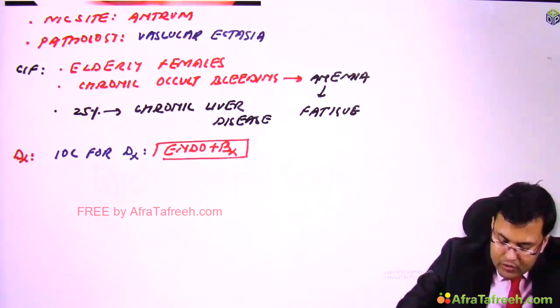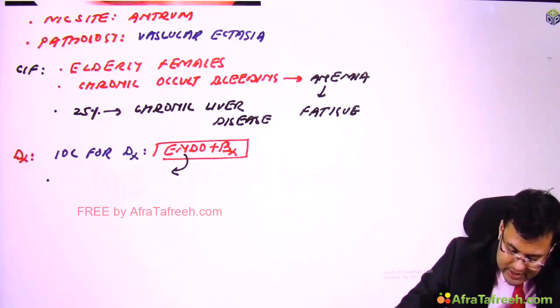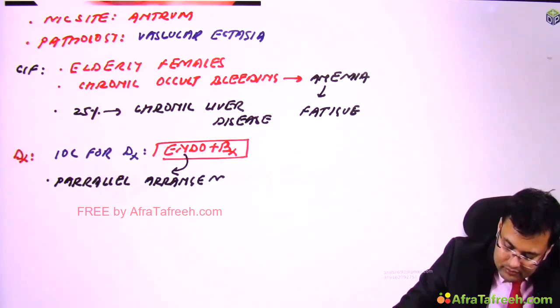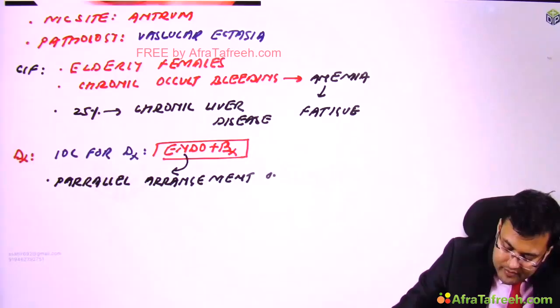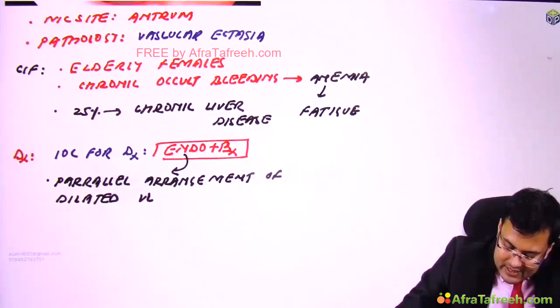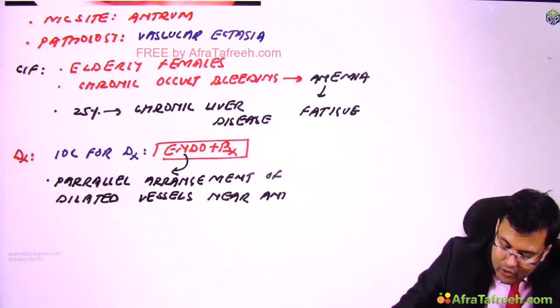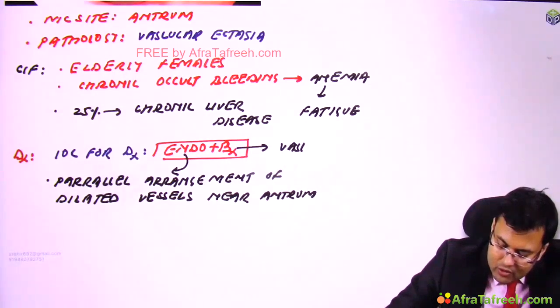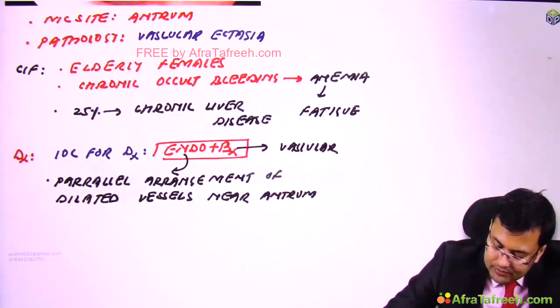On endoscopy you want to see a parallel arrangement of dilated vessels near the antrum, and on biopsy you want to find vascular ectasia.